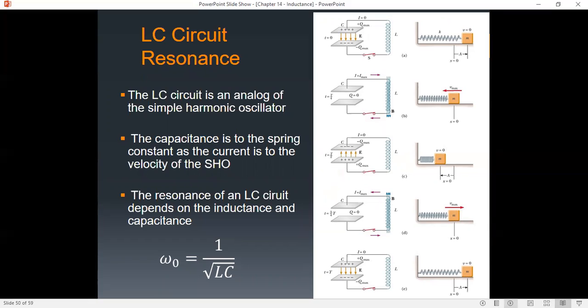And the resonance of this LC circuit depends on the inductance and the capacitance. And again, we can sort of match the potential energy in a simple harmonic oscillator to the electric field building up between the two plates, and the movement of the harmonic oscillator to the movement of current and the generation of a magnetic field in the inductor.